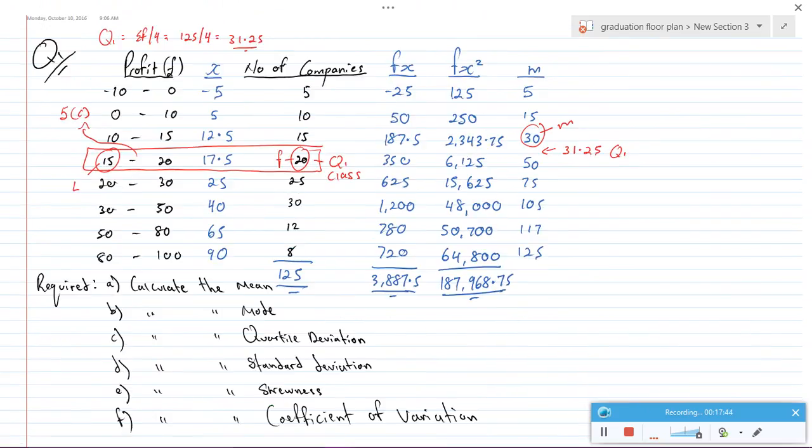Okay, so let's work out the answer now for Q3. Lower limit was 30 plus 93.75 minus 75, correct? F is 30 times 20. So we're going to have 42.5.